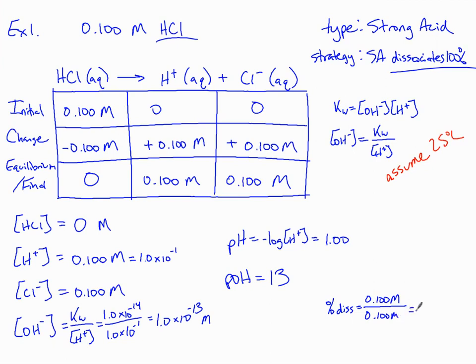And for this one, it's 100%. It's a more useful calculation when we're talking about a weak acid or a weak base where it's not 100%. And this agrees with this thing we already knew, that the strong acid dissociates 100%.